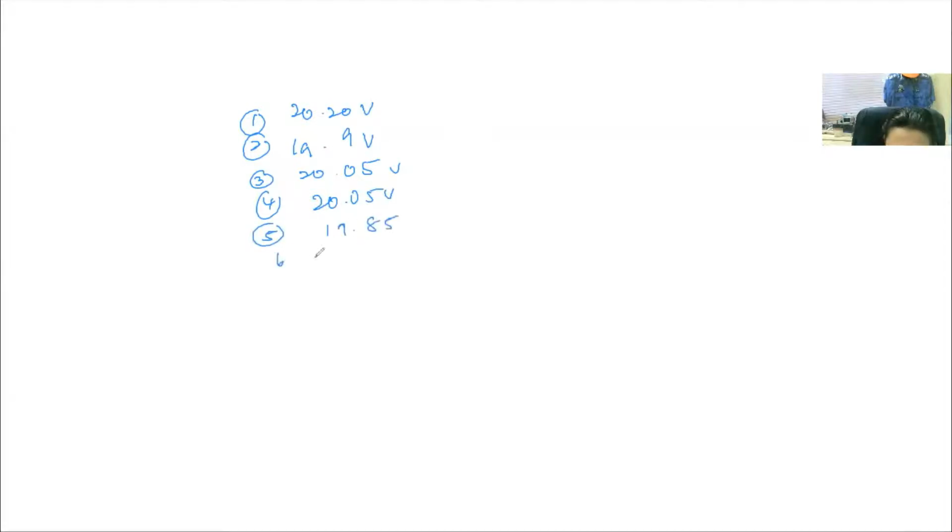So we have 6 measurements. Measurement 1 is 20.2 volts. Number 2 is 19.9 volts. Number 3 is 20.05 volts. Number 4 is the same, 20.05 volts. Number 5 is 19.85 volts, and the last is 20 volts. So we have 6 measurements.